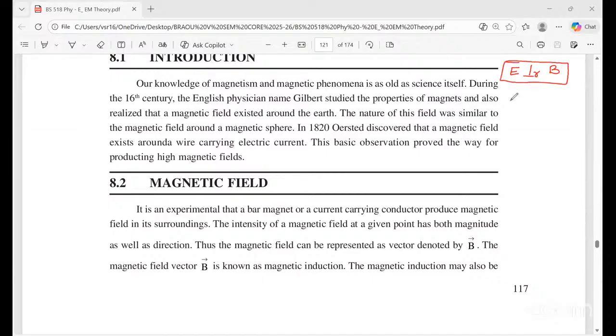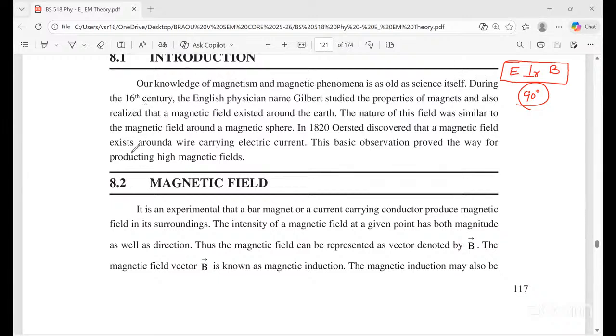Most important objective bit when attempting any competitive examinations, this question is asked many times. Perpendicular means 90 degrees. Okay. Electric field as well as the magnetic field are both perpendicular to each other.